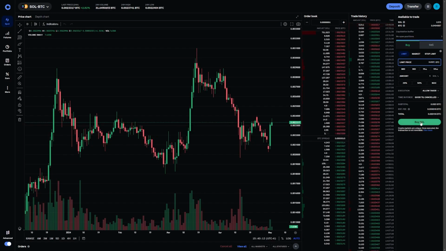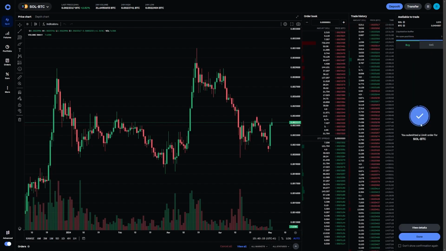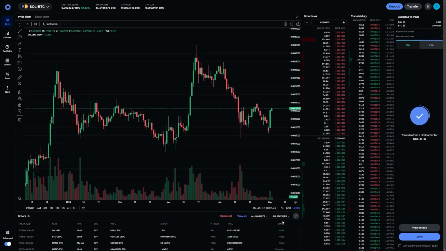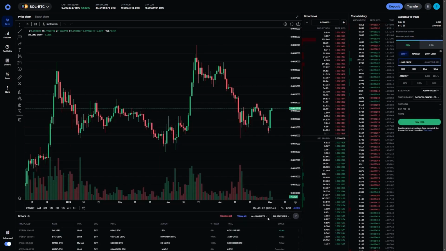Well, if I go ahead and do this over here and I click buy, now all of a sudden you're going to see that there is an order down here that is waiting for the price of Solana compared to Bitcoin to hit 0.0021. Well, it's currently priced at 0.0023. So unless price drops all the way down here, it is not going to trigger me into an order.